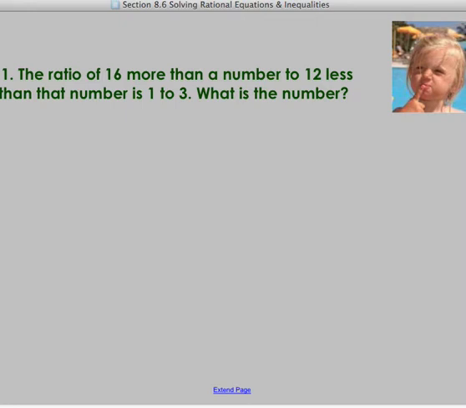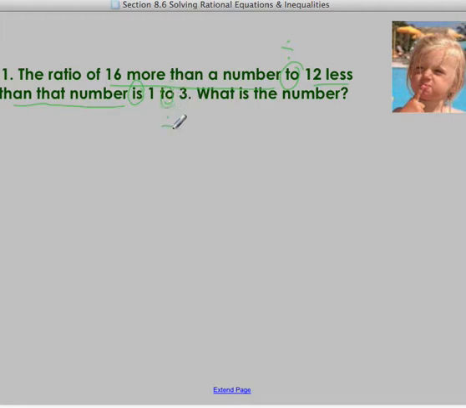Example 11. The ratio of 16 more than a number to 12 less than a number is 1 to 3. So this "to" is representing our division or our fraction piece.